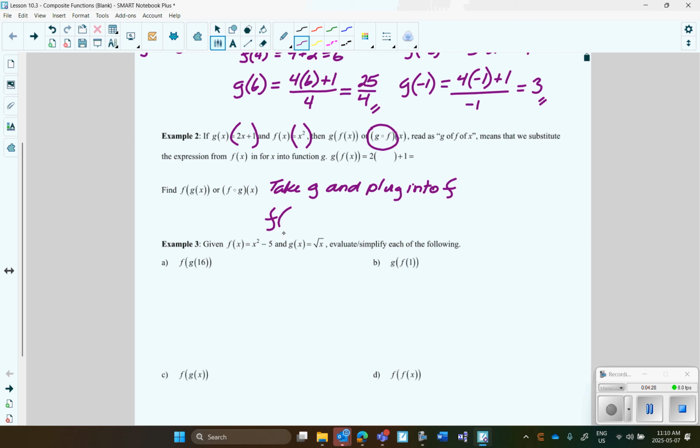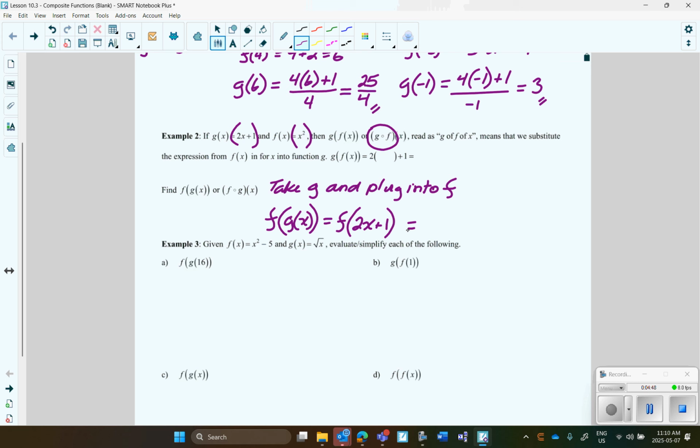So f of g of x means f of 2x plus 1, because that's what g of x is, which means take the 2x plus 1 and plug it in for x.